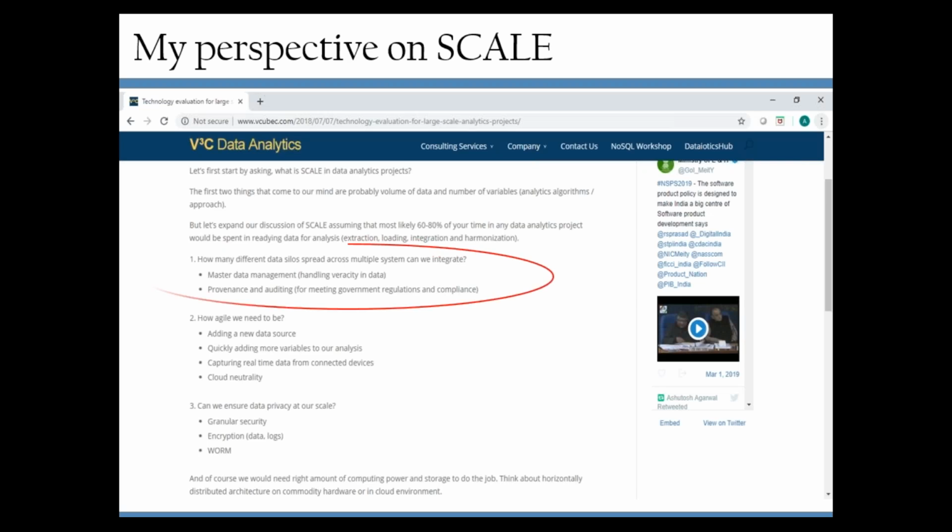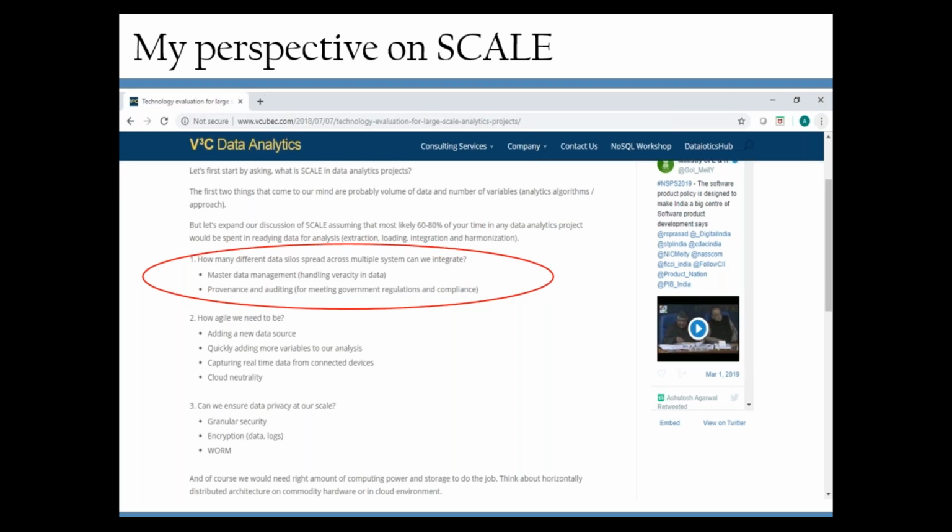The first thing is of course the volume, velocity, variety, and unstructured complexity in play. Then the number of variables, the kind of algorithms you want to deploy, and if you're working in a deep learning scenario, what kind of neural networks you're working on, what kind of CPU power you need, and whether it could be horizontally scalable or not. So all those things are a given. I think that is something each one of us can comprehend. But what more than that?